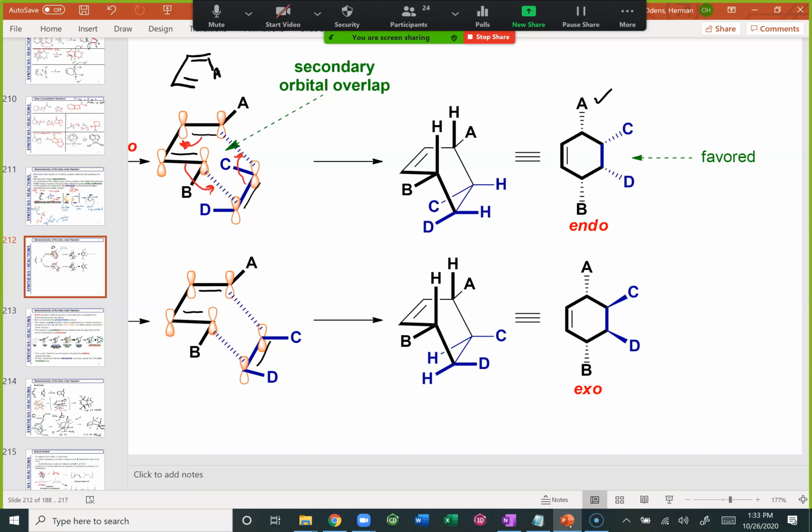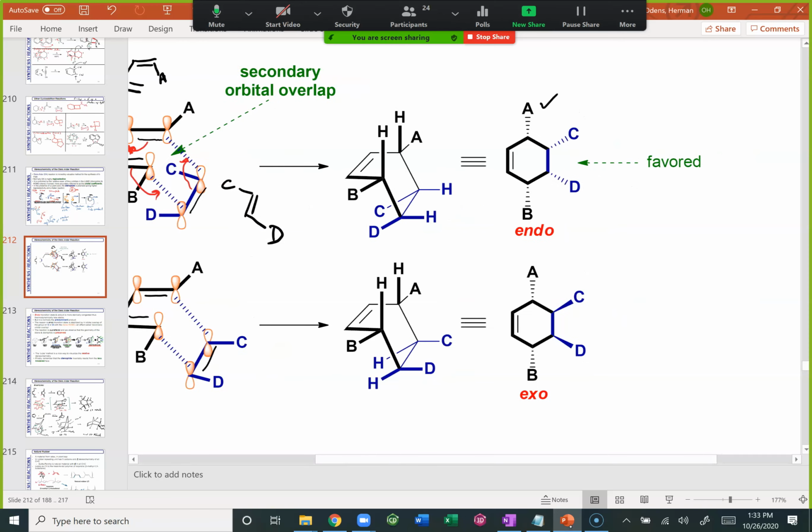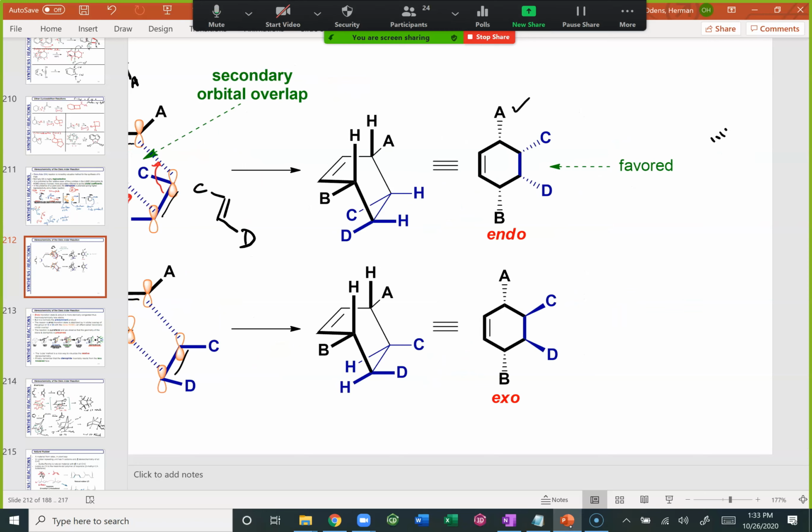Also, if I give you this instead of the C and D on the same side, then you will end up with C down and D up. So the memorization here is bad.